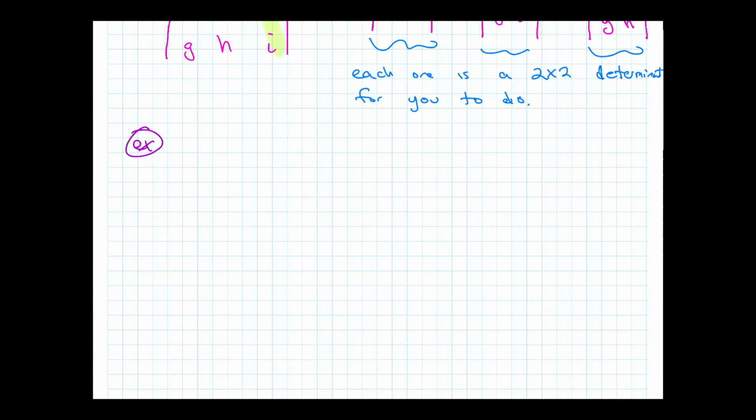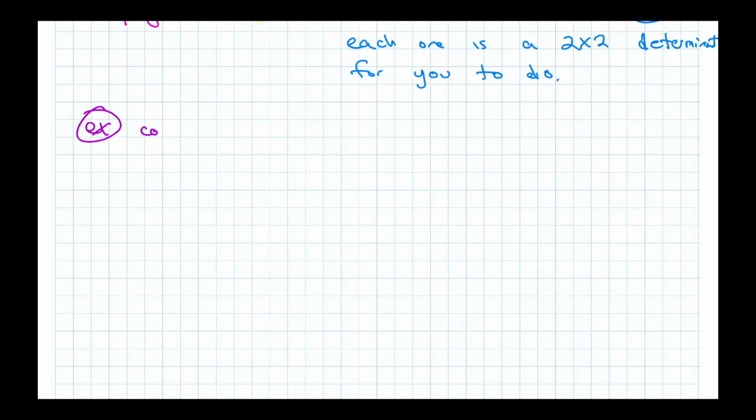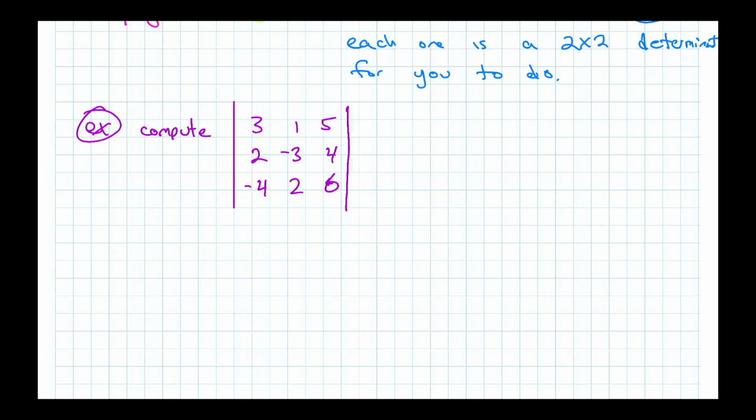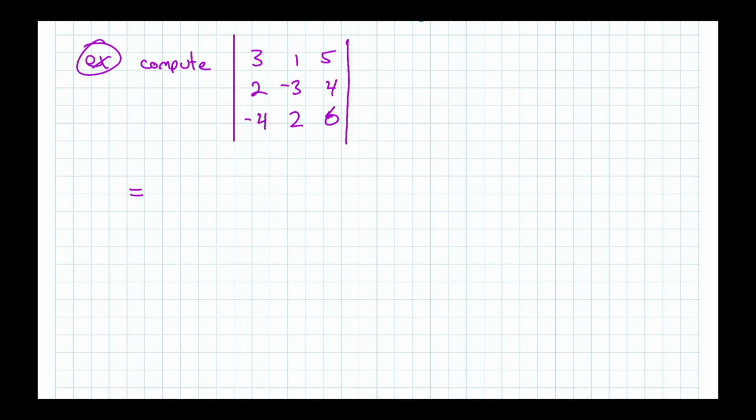Example, compute. It's going to put in some numbers, doesn't matter what they are. Okay, there we go. Right, so the way you do it is you expand along the top row.